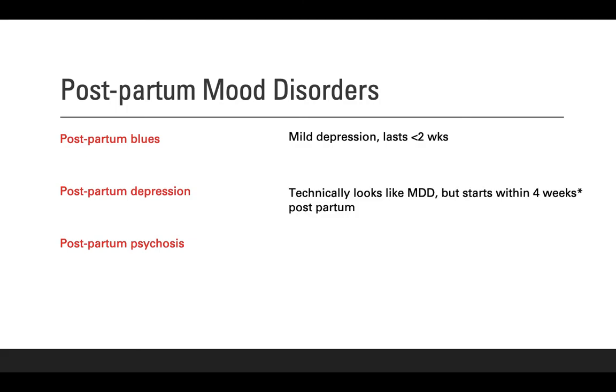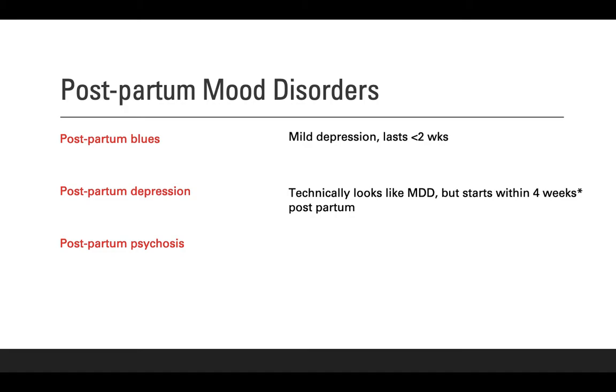Postpartum depression basically looks like major depressive disorder. These people think they're going to be a terrible mom. They don't understand why they're so upset. Everything's so hard. But basically meeting the criteria for major depressive disorder. And it starts within 4 weeks of birth, from that actual birth. Now, you can look online, and there's going to be some differing things on this, and I was checking into it.